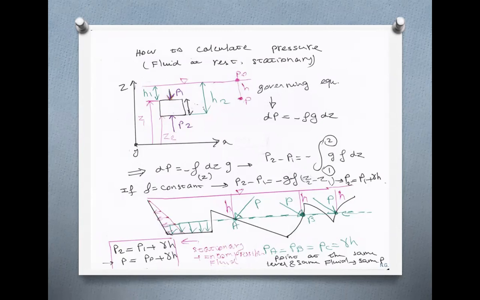It is the excess of pressure over the pressure of atmosphere. If you set this equal to zero, then P becomes gamma H, and now P is expressed in terms of gauge. So the gauge pressure at A, B, and C is gamma H, because you set the pressure of atmosphere at zero.